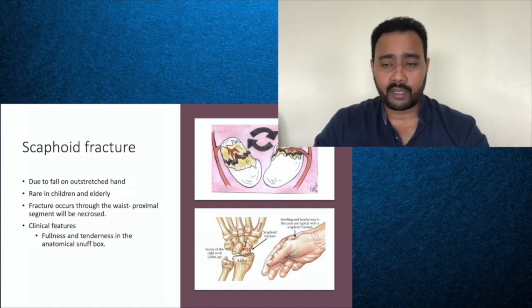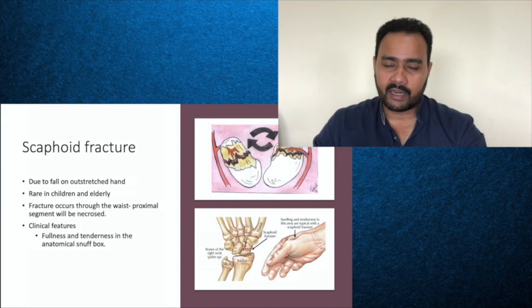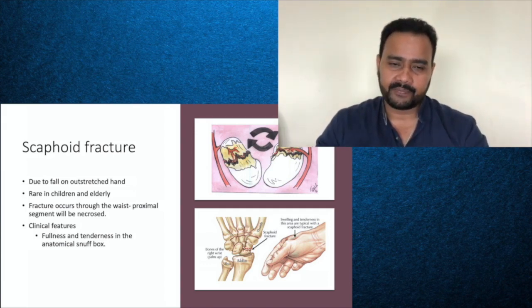But in the scaphoid, it is the other way around, because of the pattern of blood supply. The scaphoid is supplied by the artery from distal to proximal, so whenever a fracture occurs, the proximal segment goes into avascular necrosis.